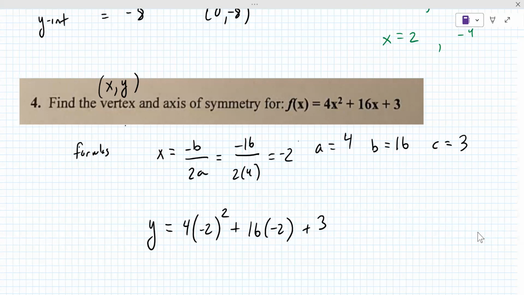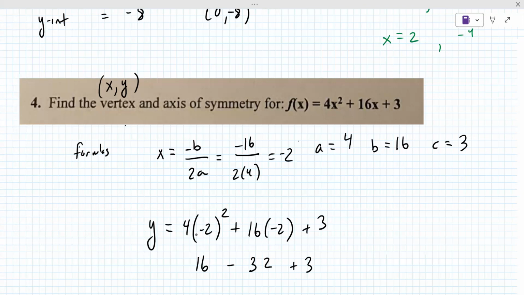Uh, 35. I think we got some sign errors here. Minus 2 squared is 4. 4 times 4 is 16. And then minus 32 plus 3. Take another look at that and see.